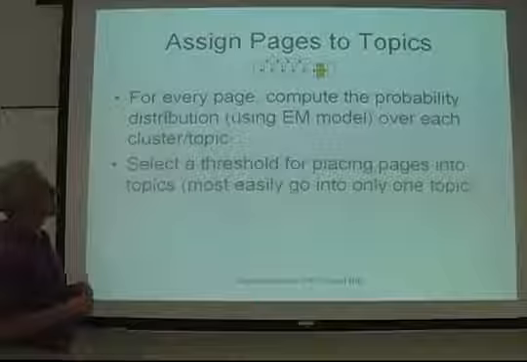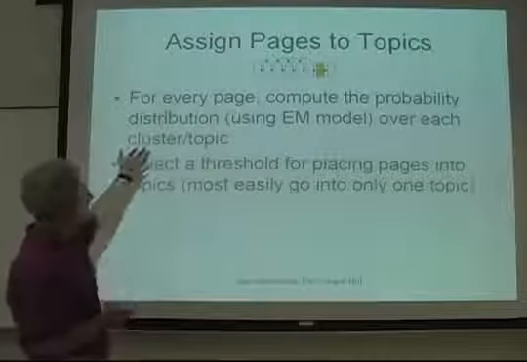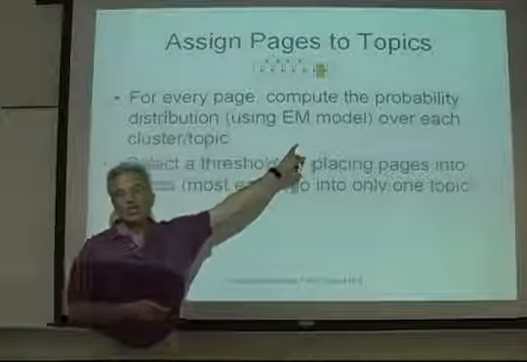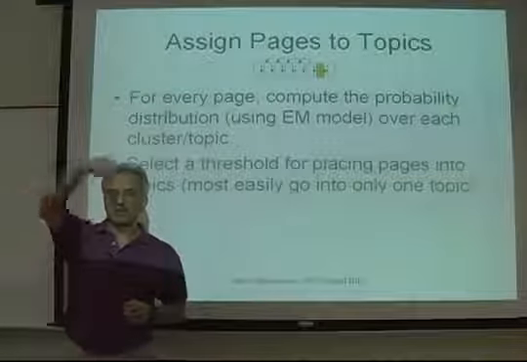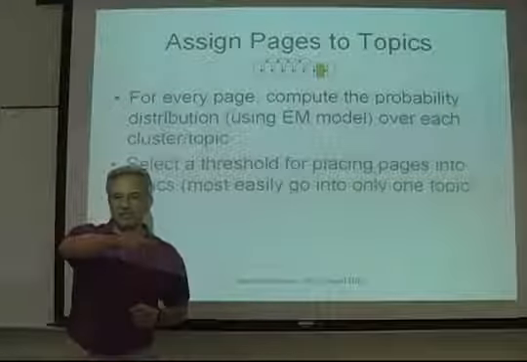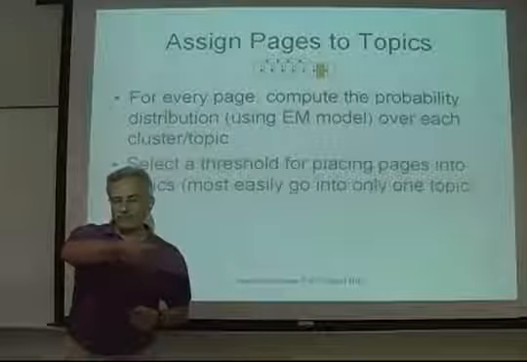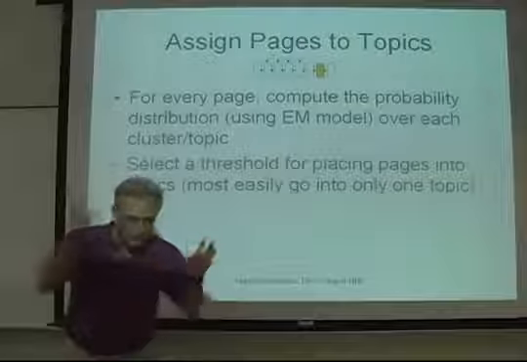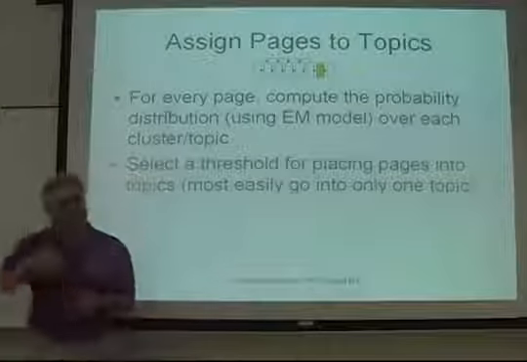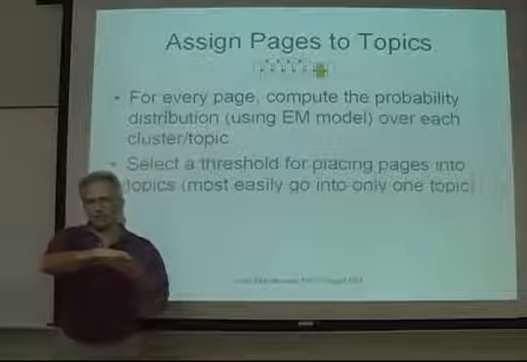Next, we want to assign these pages to topics, and here's where we took advantage of the EM model to say, well, the probability that this document belongs to this cluster that we happen to name prices is 0.8536298, or whatever it happened to be, and that's pretty high. So we're going to put it in prices.